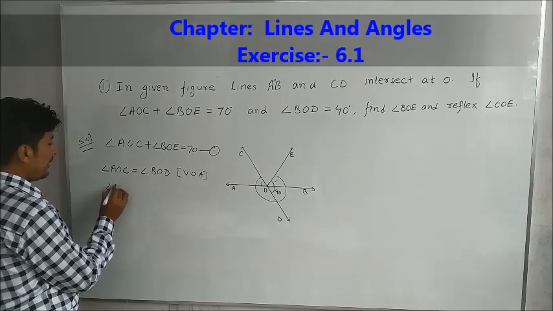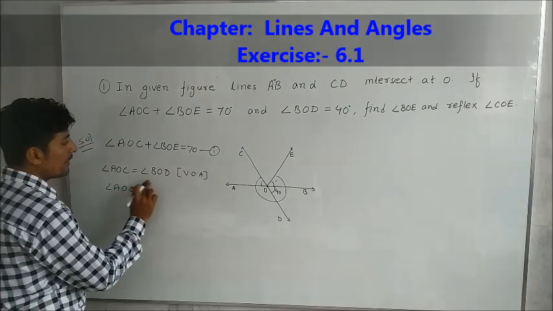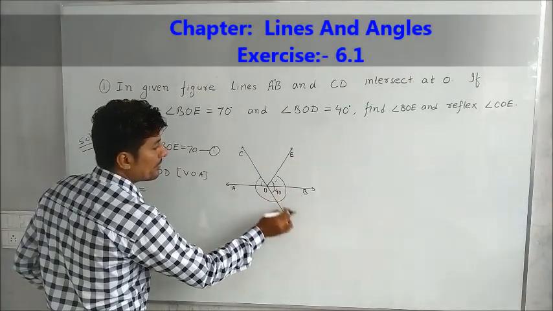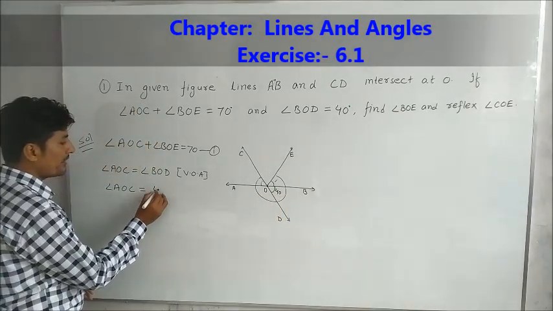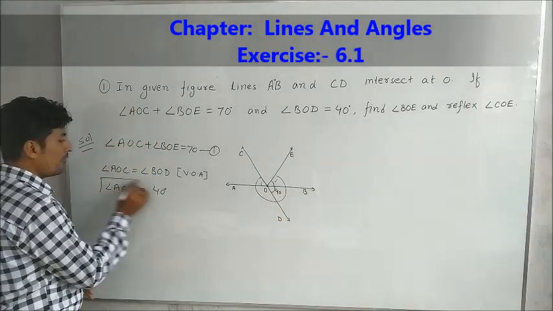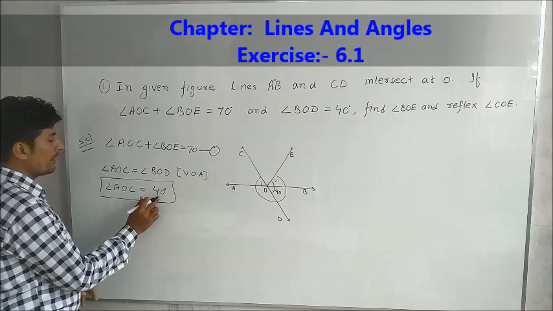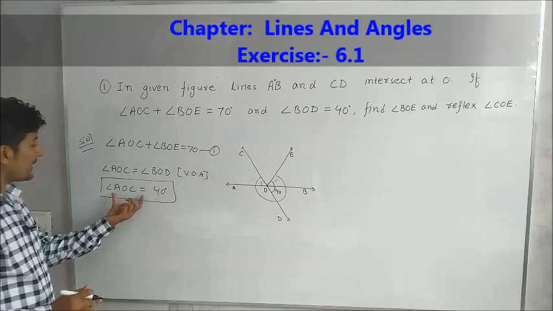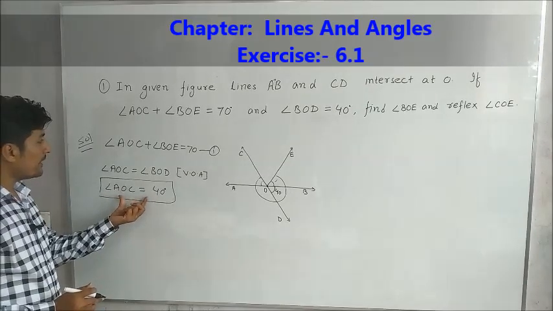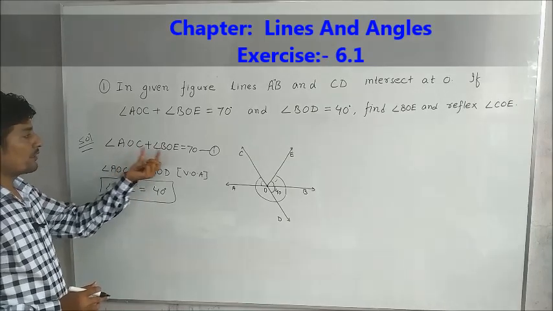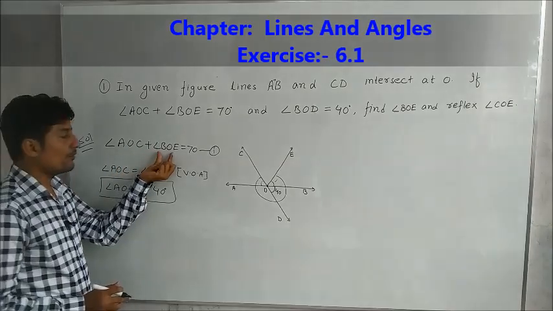The measurement of angle BOD is given as 40 degrees, so angle AOC equals 40 degrees. Now we got the value of angle AOC, and we can put it in equation 1 to get the measurement of angle BOE.